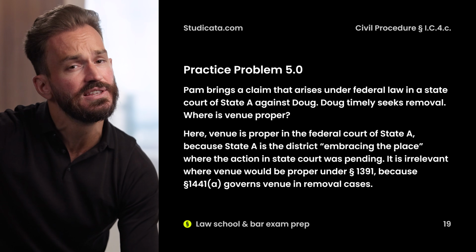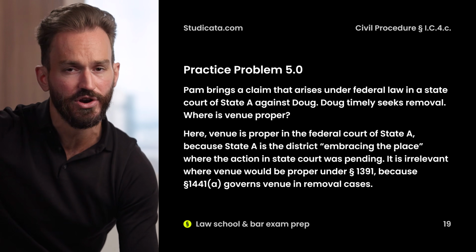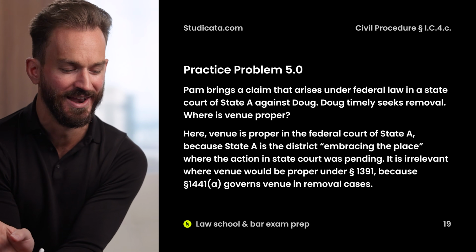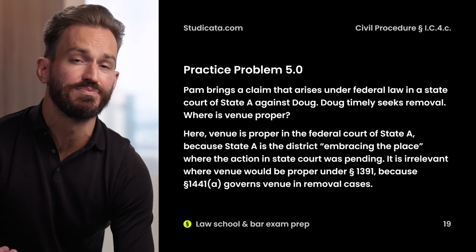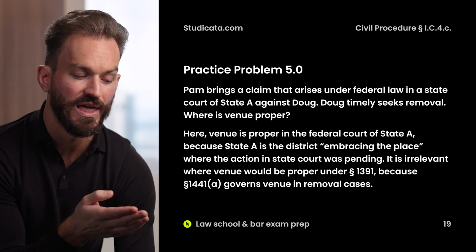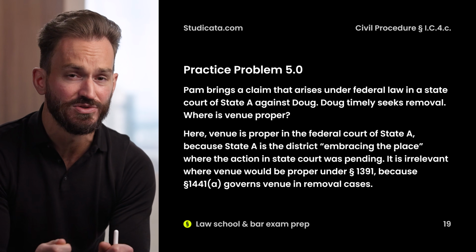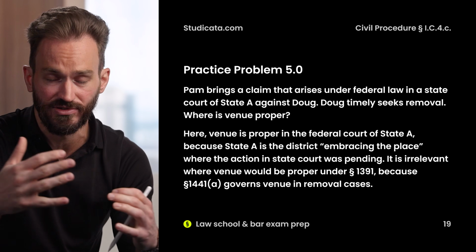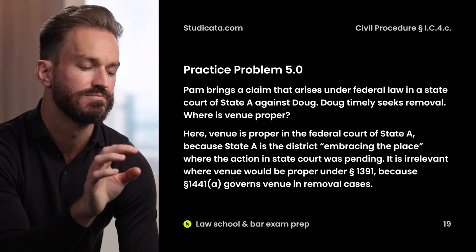Doesn't matter if 1391 says actually venue would be proper over in this other state. I don't even want to get into that. We don't even look at 1391 when we're dealing with a case that has been removed from state court to federal court. And again, it's going to be given to you. You're going to know where the state is, where the action was pending. It's going to be given to you in the facts. That is where venue is proper.